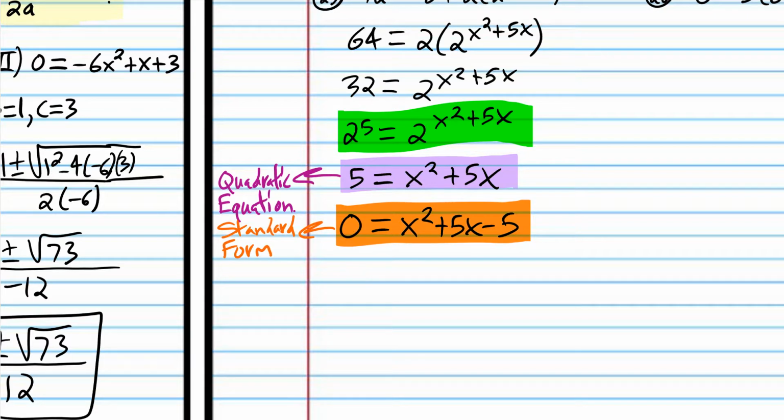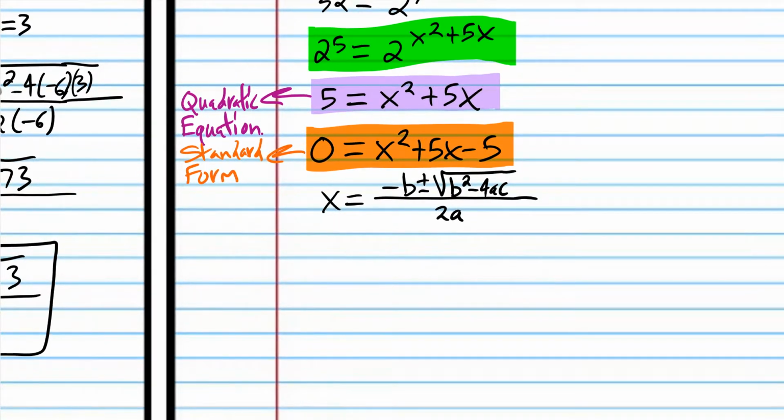So x is equal to -b plus or minus the square root of b squared minus 4ac, all over 2a. And I'm not going to show you what a, b, and c are because I think you have that by now. So b is 5, and a is 1.